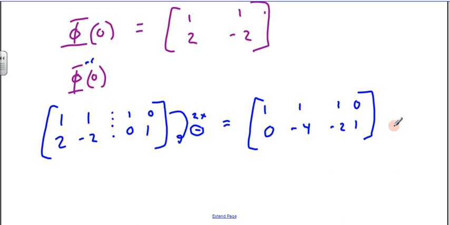Okay, and then I'm going to multiply this row by minus 1 over 4. And when I do that, I'm going to get 0, 1, 1 half, minus 1 quarter.